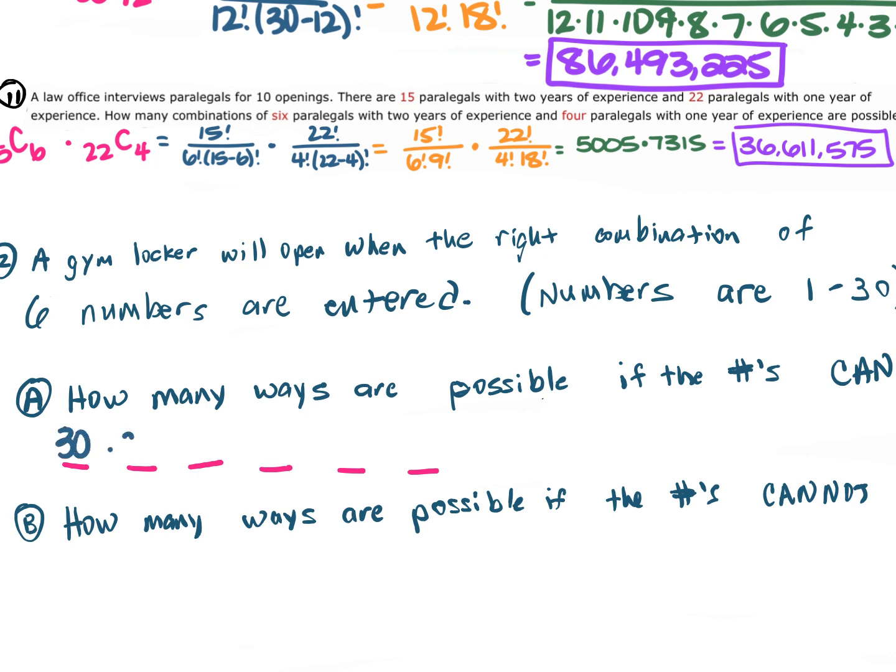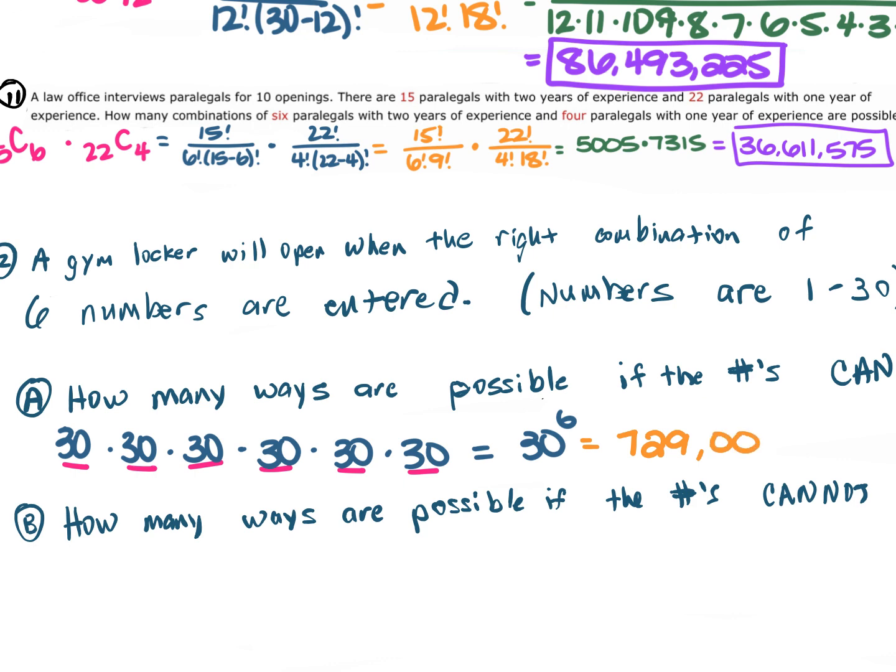The second, there's still 30 because you are repeating the numbers. And then the next is 30, the next is 30, the next is 30, and the last one is 30. So this is the total of 30 to the power of 6. So this will give you 729 million different ways that you can put these numbers in.